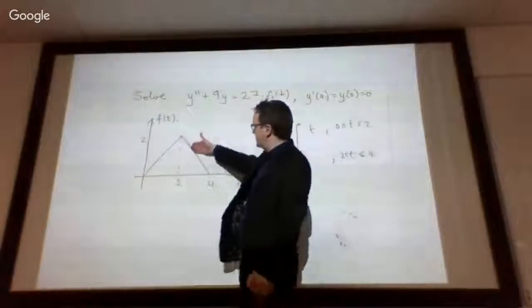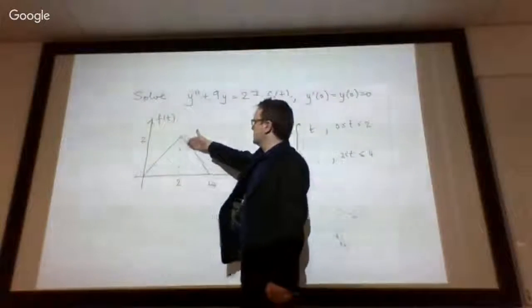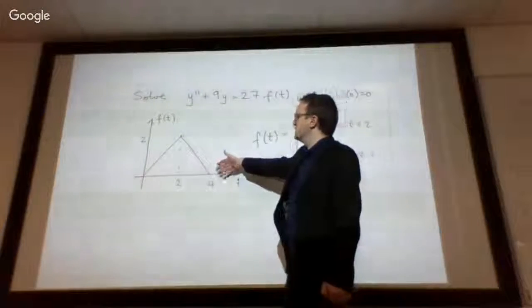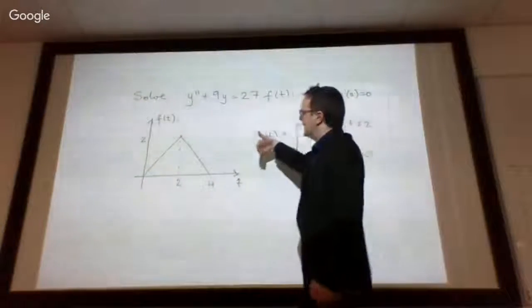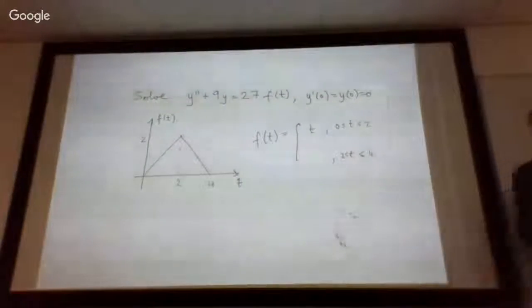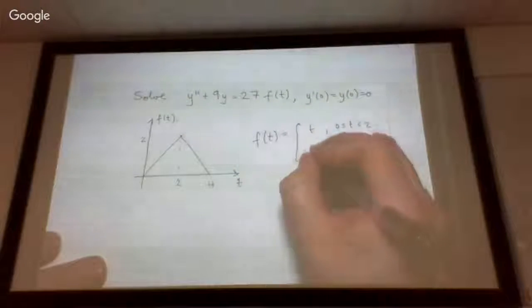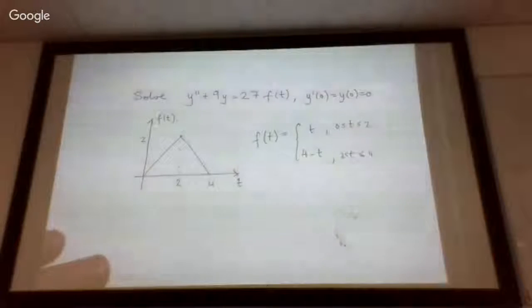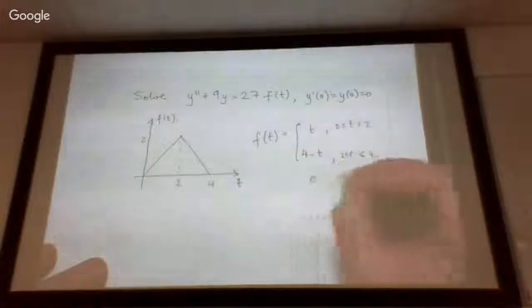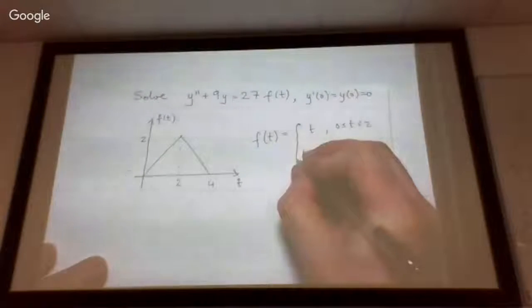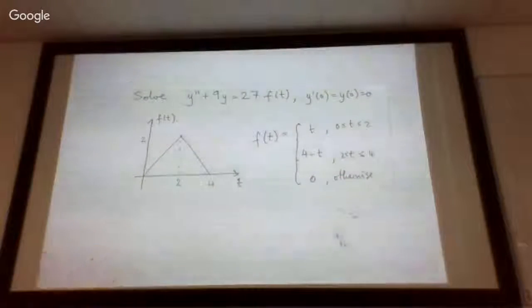This is again a 45-degree line, but this time with negative slope. It's going to be something minus t, and the something would have to be 4. Yes, 4 is the intercept. And this function is equal to 0 otherwise. So everywhere outside of this picture, the function is 0.